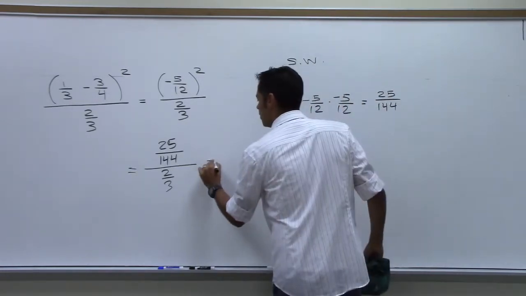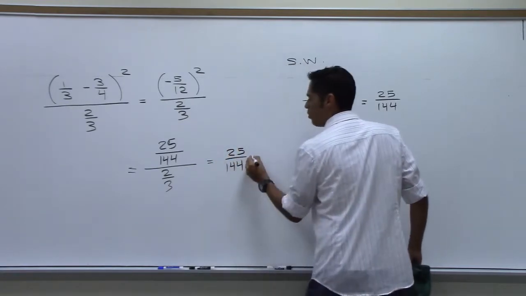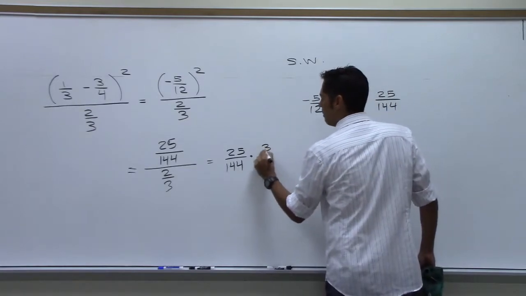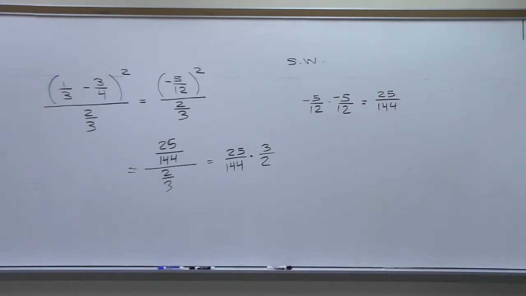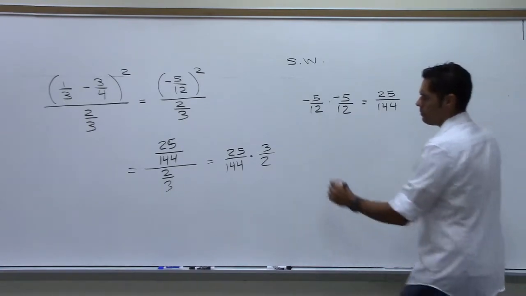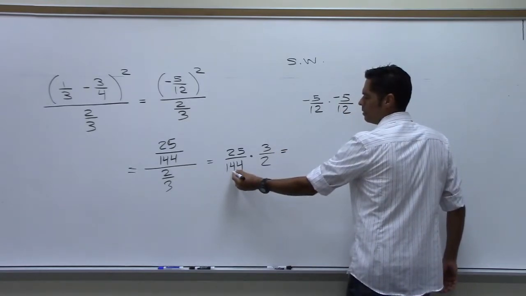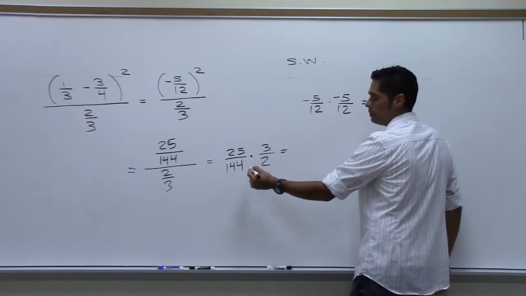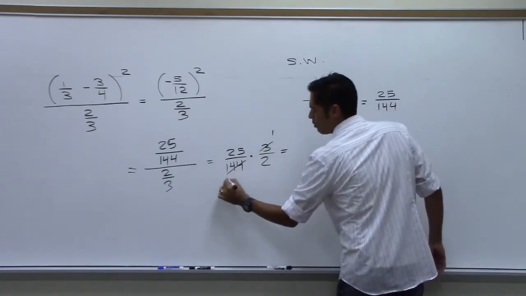So I'm just going to turn this into 25 over 144 times what, though? 3/2. Nothing cancels? Yeah? 3 goes into here how many times? 4? 8? Everyone okay with that? Yes? Okay, so everyone understands what we're doing?